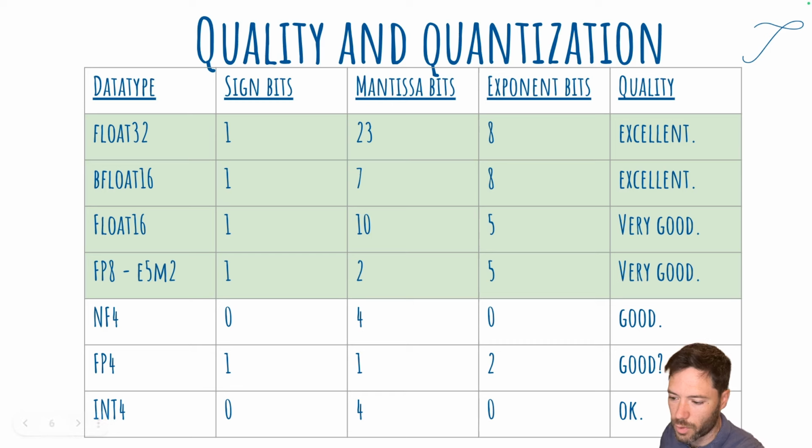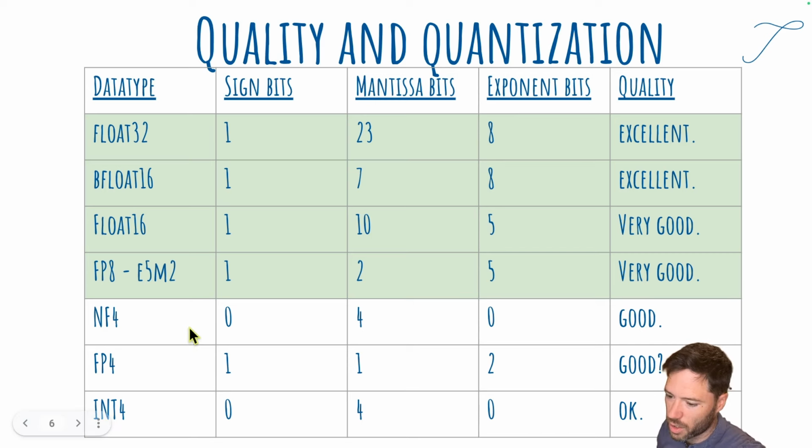So this int4 format allows for a lot fewer megabytes or gigabytes to be used for storing your model's weights, or lets you use much smaller GPUs with less VRAM. But the trade-off is that the precision is a lot more rough, and so you definitely see some quality trade-offs.